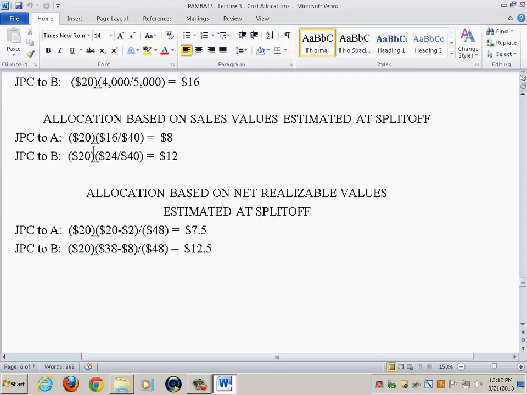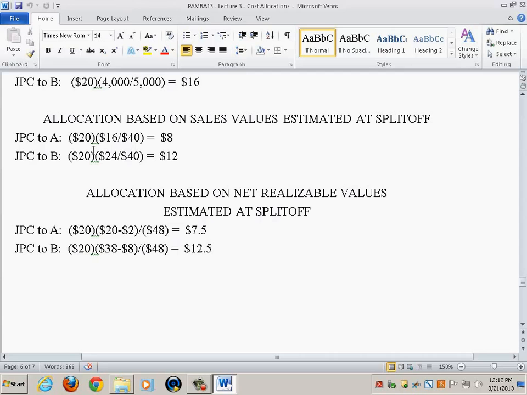Then maybe one criterion of fairness is what products A and B can bear in terms of cost allocation relative to their profitability, and their profitability is reflected by their net realizable value. So we allocate less to A because A can bear less, because its net realizable value is less than B's. So that's the only quasi-defensible argument that you can give for this cost allocation method.